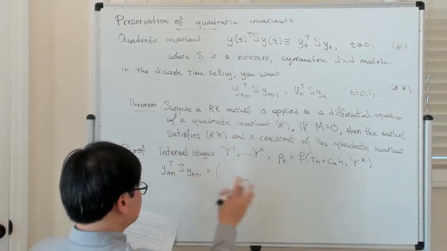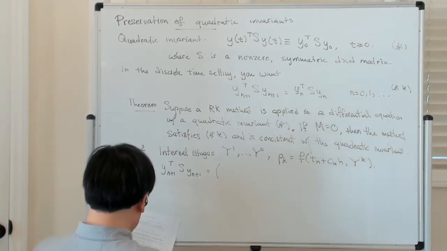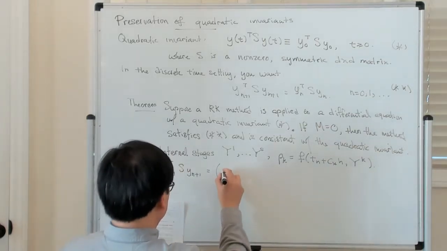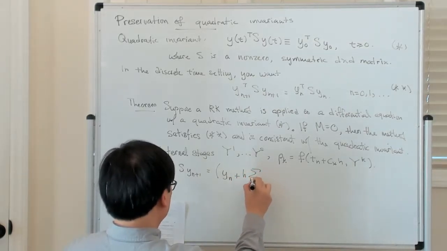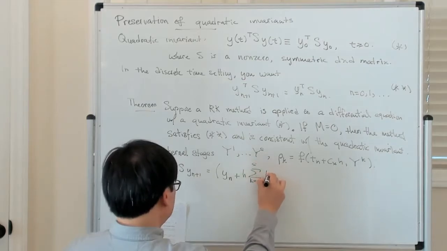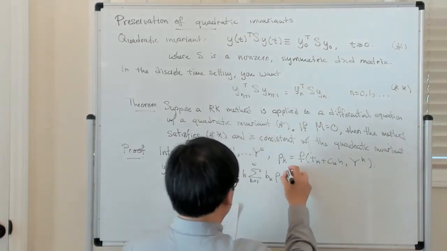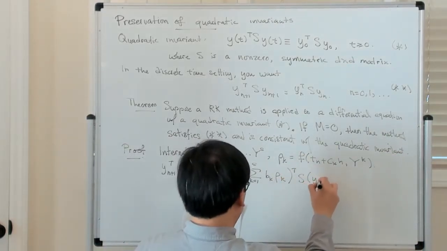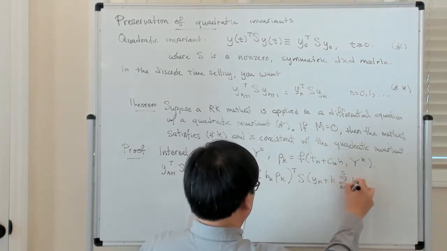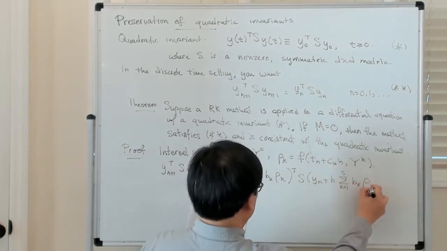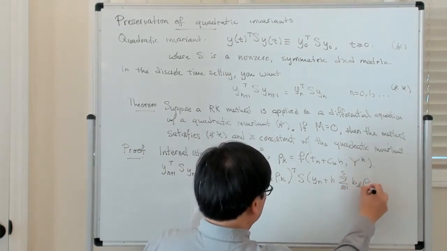You write it as this Runge-Kutta method: y_n plus h times the sum from k equals 1 to s of b_k rho_k, transpose S, y_n plus h times the sum from l equals 1 to s of b_l rho_l.